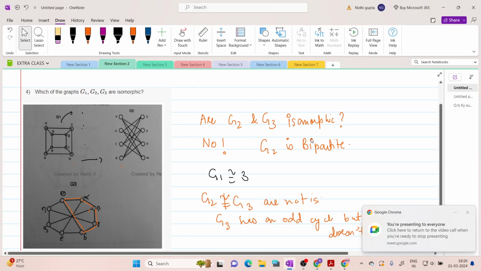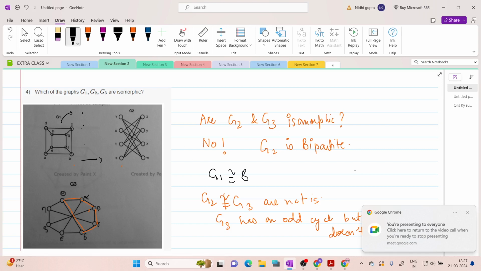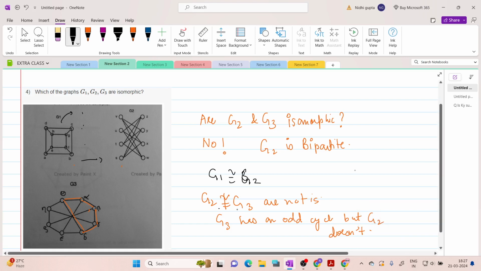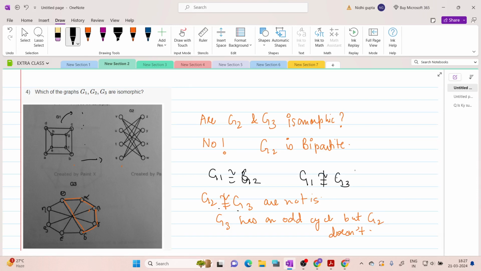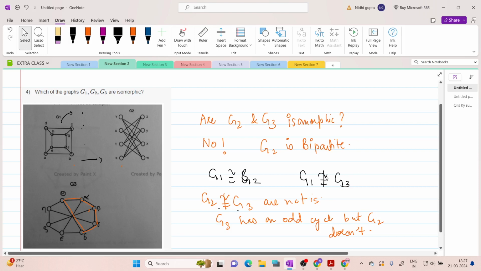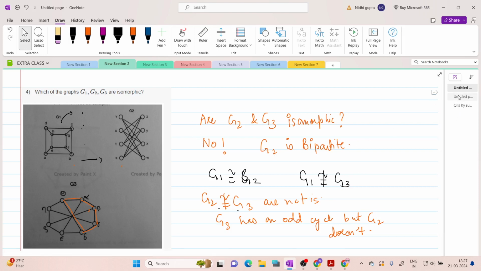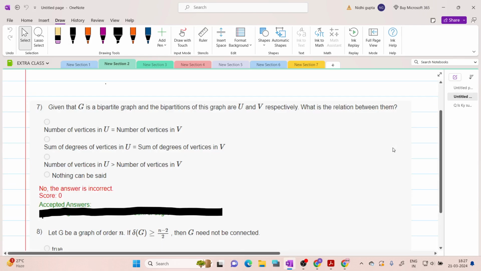So in this, G1 and G2 are isomorphic, no? Yes. G1 and G2 are isomorphic, G2 and G3 are not isomorphic, and G1 and G3 are also not isomorphic.